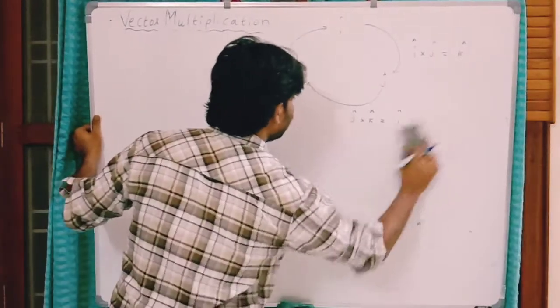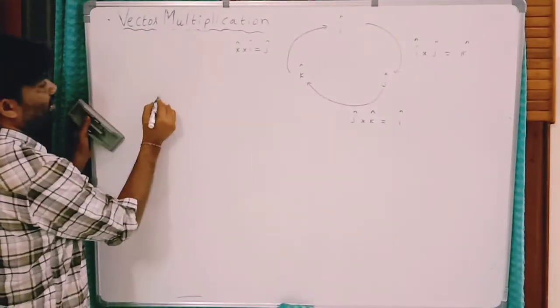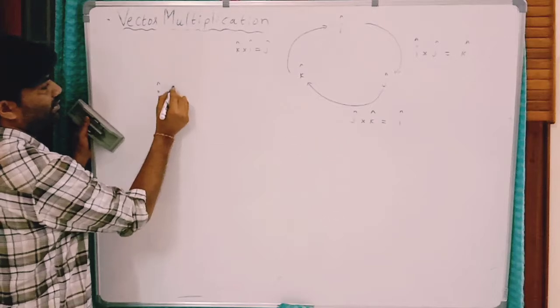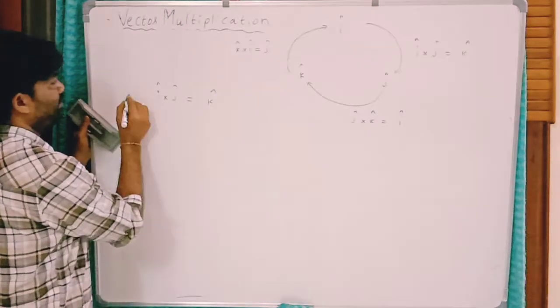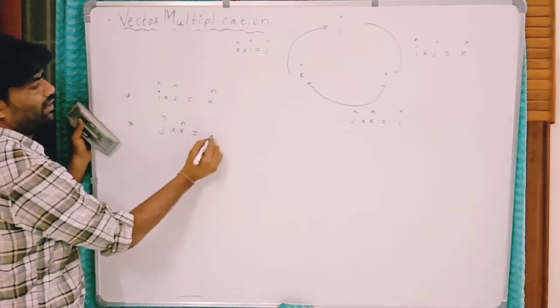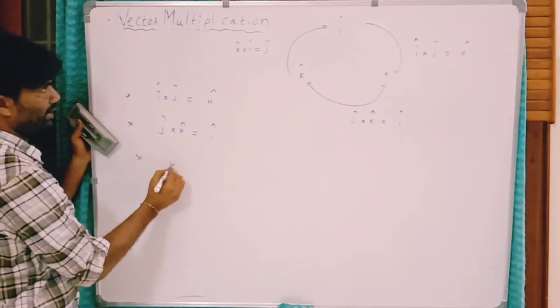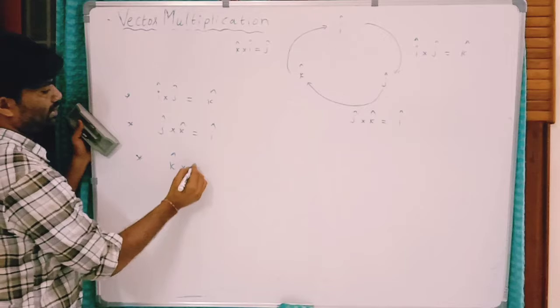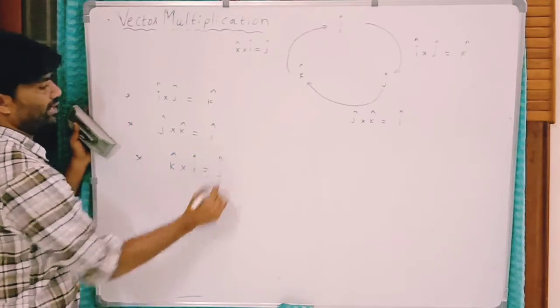Means what? I'll write this all here. I cross j is k cap, j cross k is I cap, and k cross I is j cap, right?